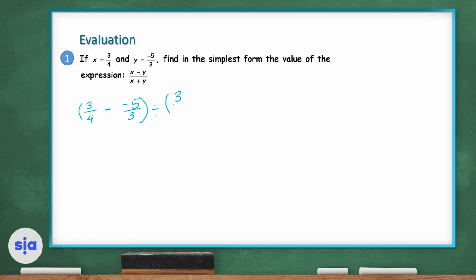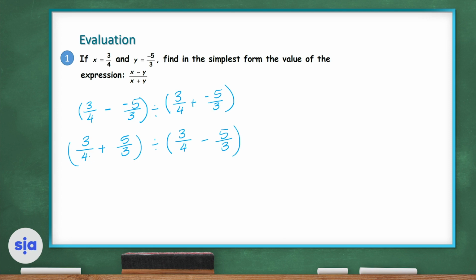So divided by 3 over 4 plus negative 5 over 3. So this one is 3 over 4 plus 5 over 3 divided by 3 over 4 minus 5 over 3.